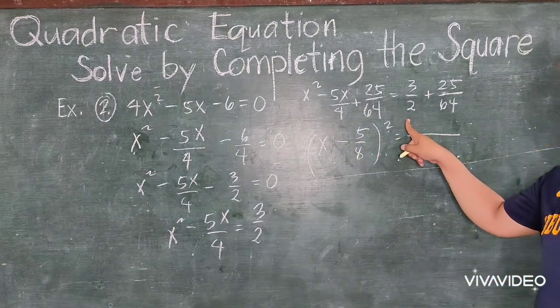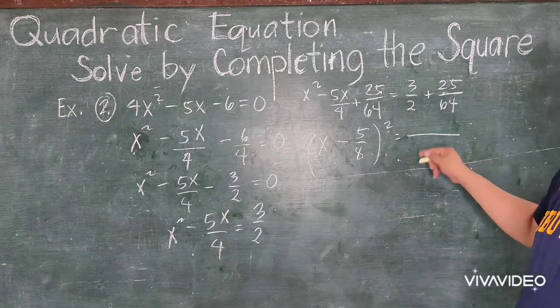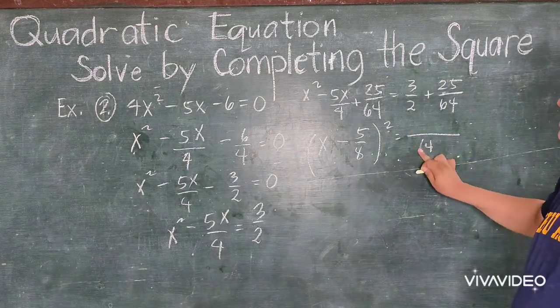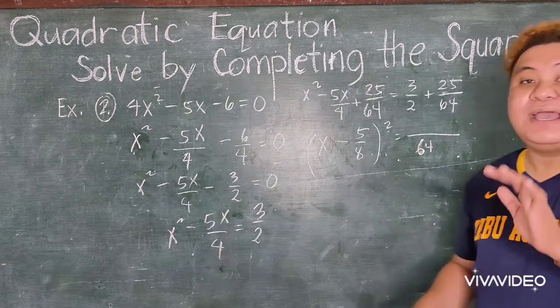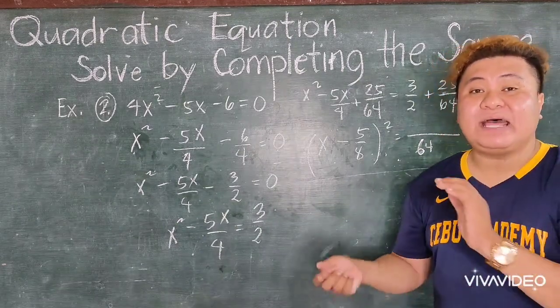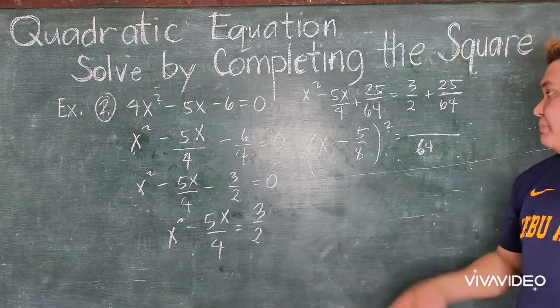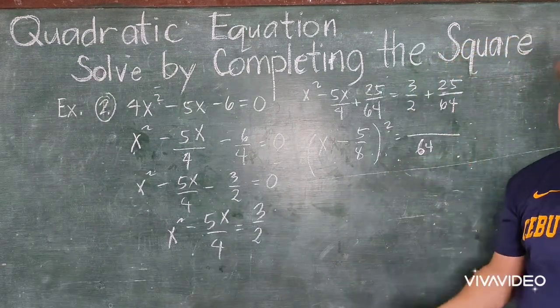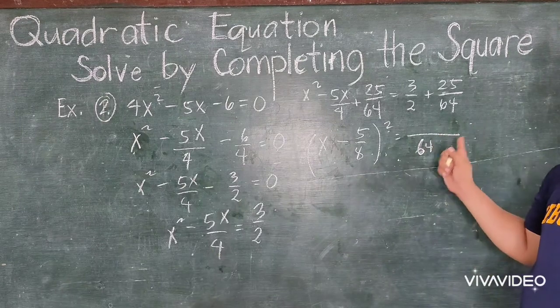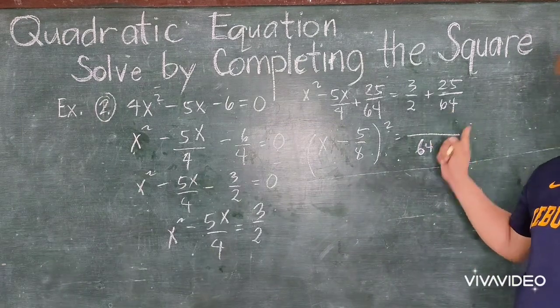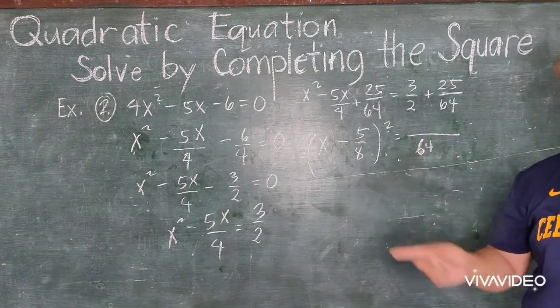So the LCD now is 64. Why 64? Because we look for a number or denominator that can be divided by both denominators. So 64 can be divided by 64, and 64 can be divided by 2.